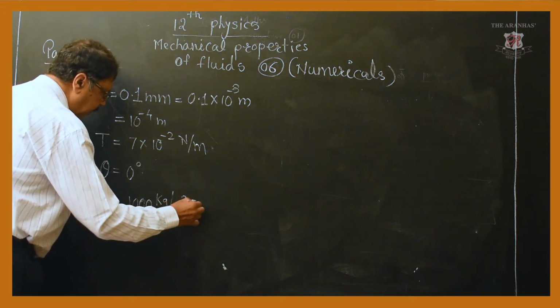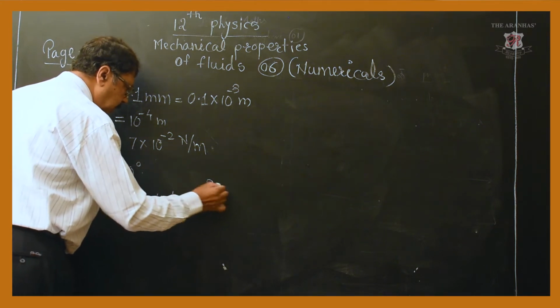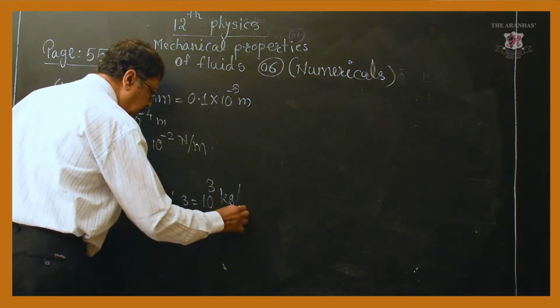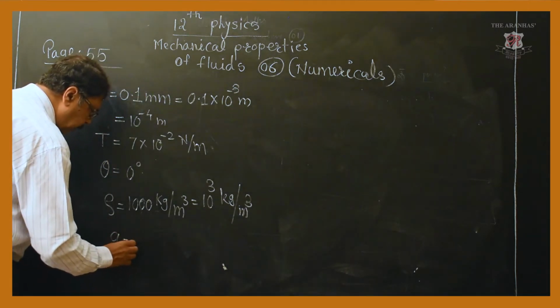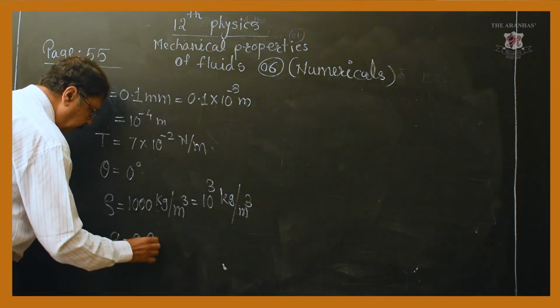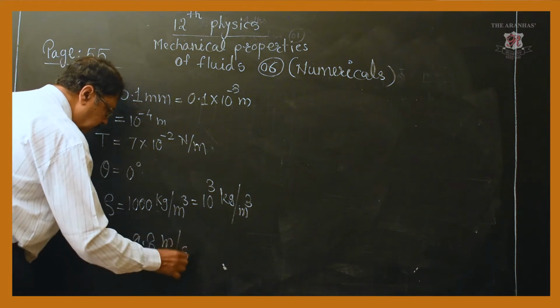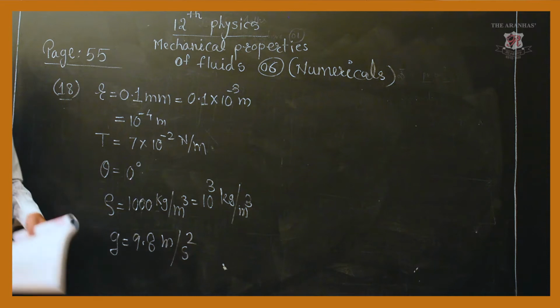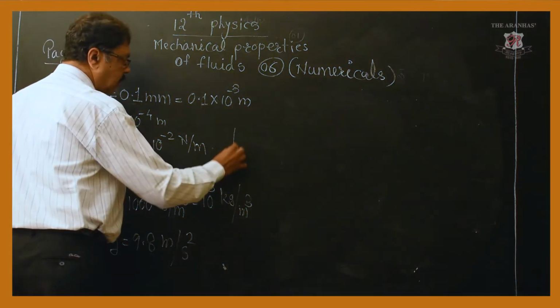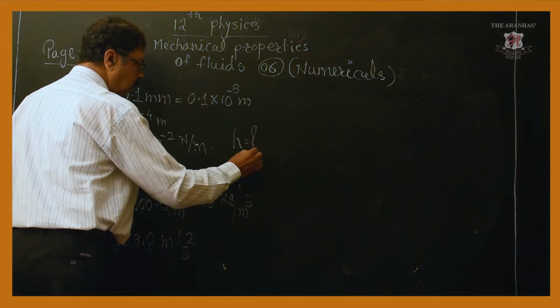I will convert it to 10 raised to 3 for easier calculations, and the value of g is given as 9.8 meters per second square. What you have to calculate is h.